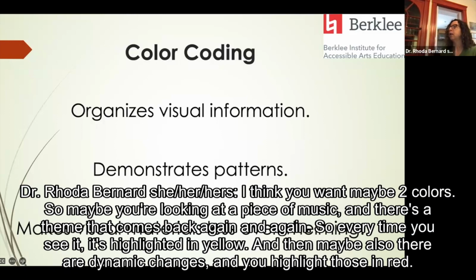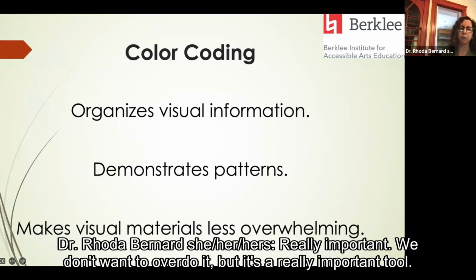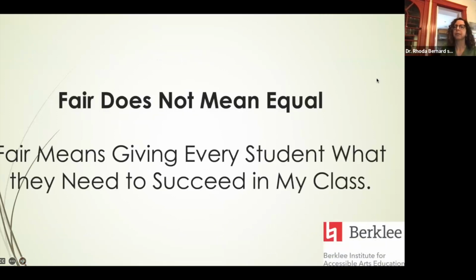And then maybe also there are dynamic changes, and you highlight those in red. That's enough. We don't need to highlight any more than 2 things on a page, but that will help organize the visual information for the students. So now there's patterns that are readily available thanks to the color coding. Really important. We don't want to overdo it, but it's a really important tool.